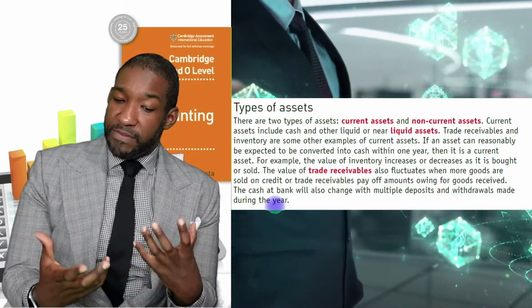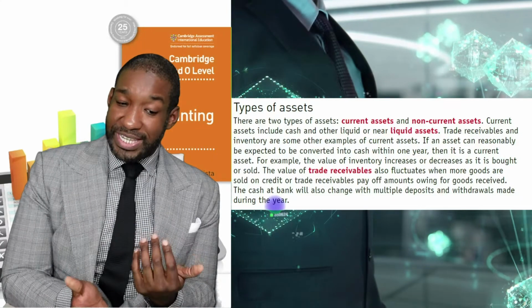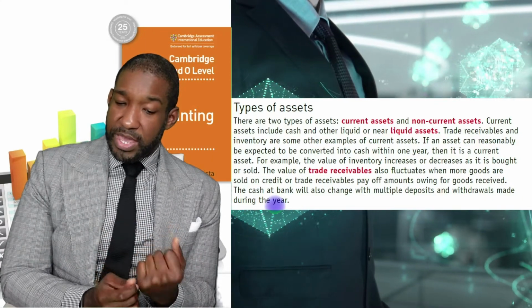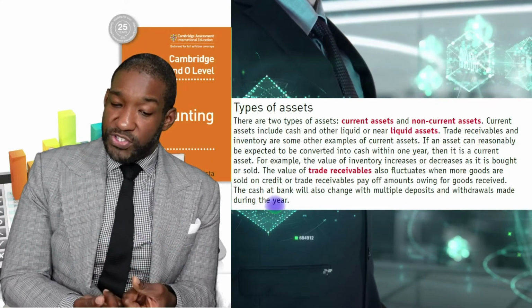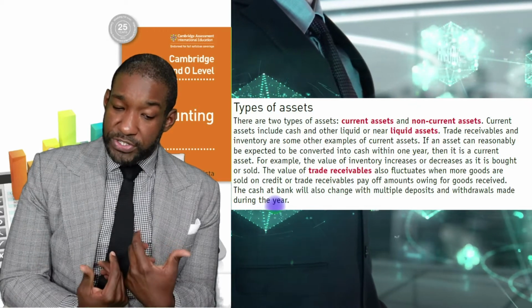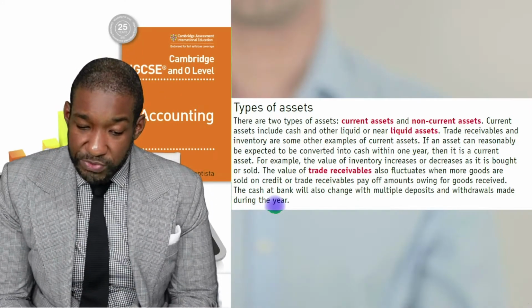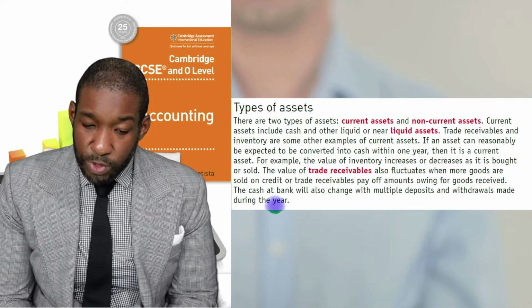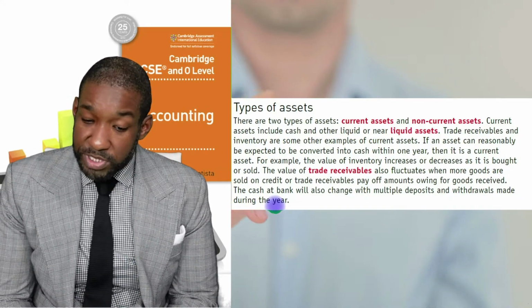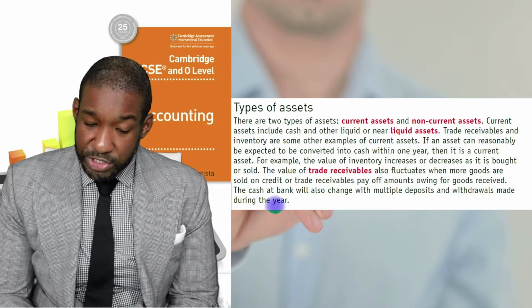For example, the value of inventory increases or decreases as it is bought or sold. The value of a trade receivable also fluctuates when more goods are sold on credit or trade receivables pay off amounts owing for goods received. The cash at bank will also change with multiple deposits and withdrawals made during the year.